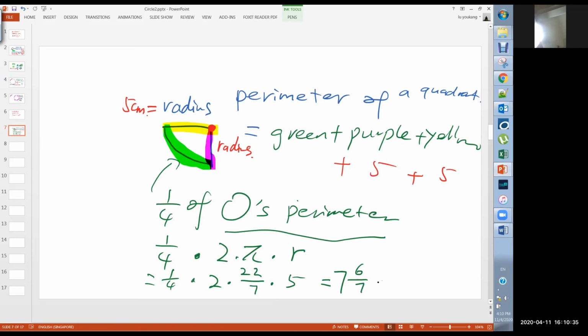What's the unit? Perimeter unit. cm. Very good. So that means your green is 7 and 6/7 cm. So what is the entire perimeter? 17 and 6/7. Very good.